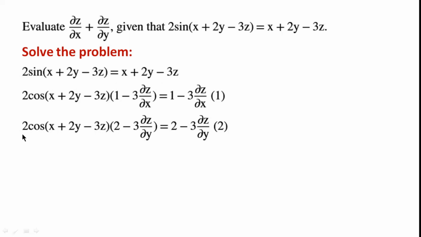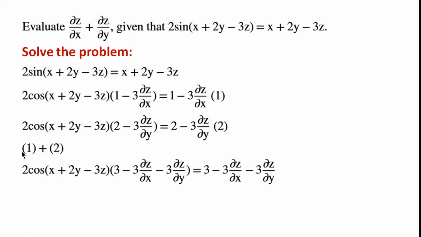We have 2 cos(x + 2y − 3z) times (2 − 3 ∂z/∂y) equals 2 − 3 ∂z/∂y.